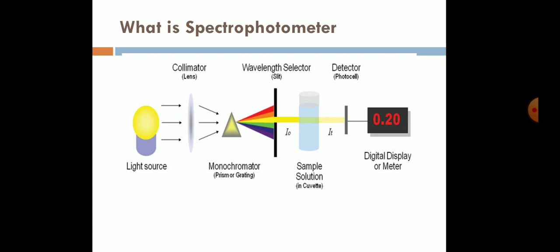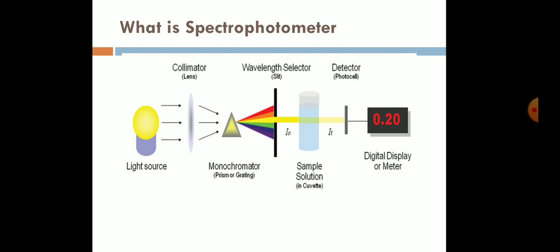When these parallel rays are passing through the prism, which could also be a grating, then the splitting of that incident beam of light takes place into different wavelengths.